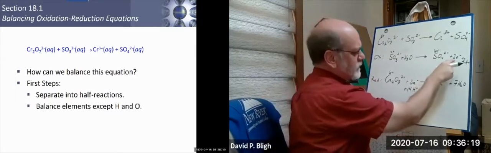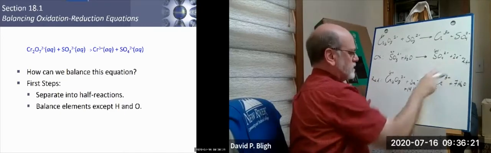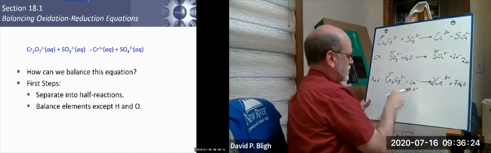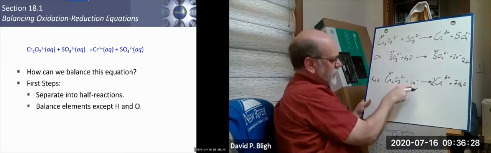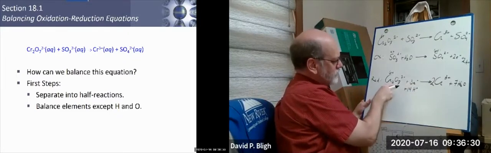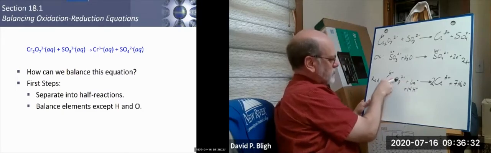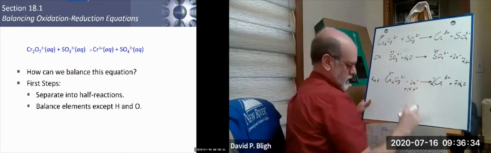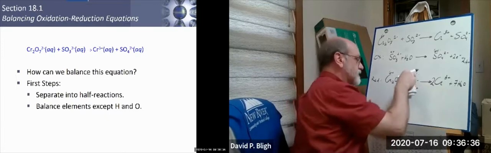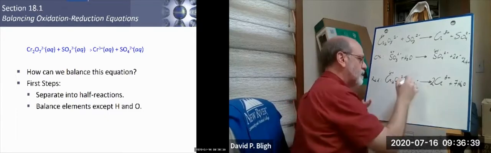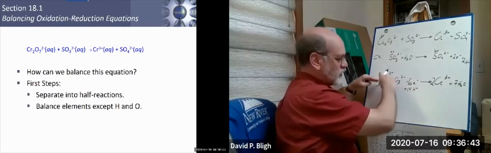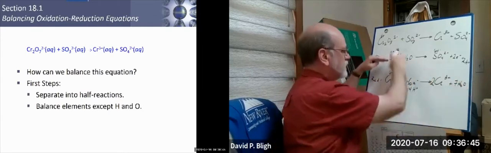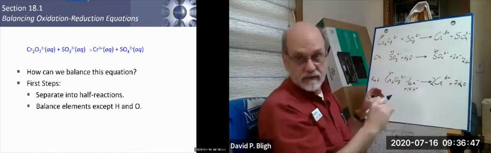So if we've got 2 electrons here, and well, actually we don't have 3 electrons here. We have 6 electrons because 3 went for each one. So that becomes 6. All right. So 6 electrons are balanced for this one. 2 electrons are balanced for that one.